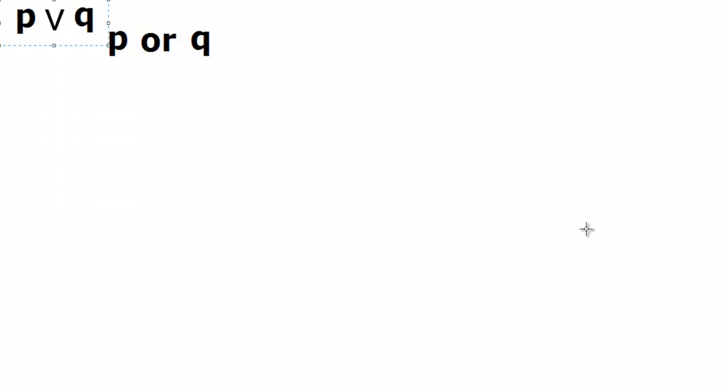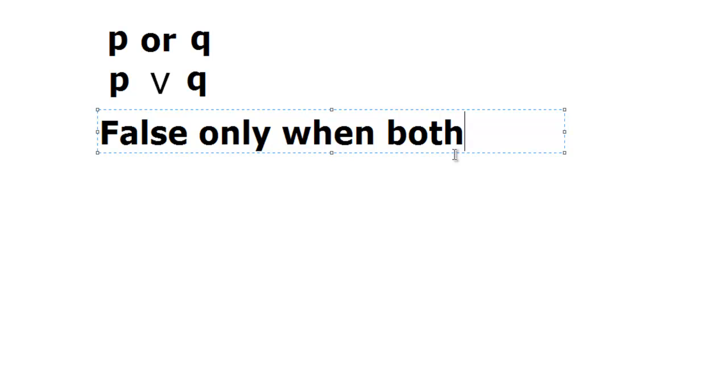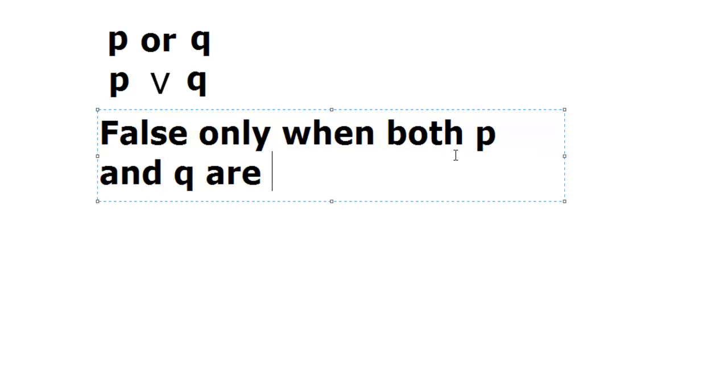A symbol for this is the symbol right here, and this stands for P or Q, and P or Q is false only when both P and Q are false, otherwise it is true.